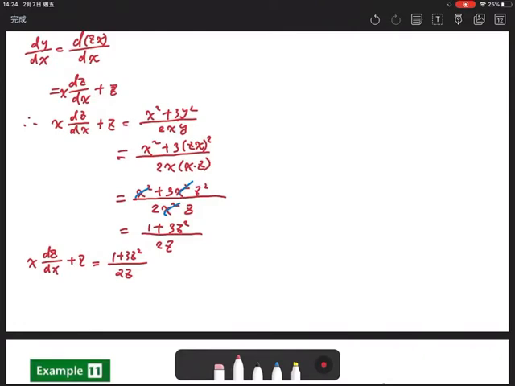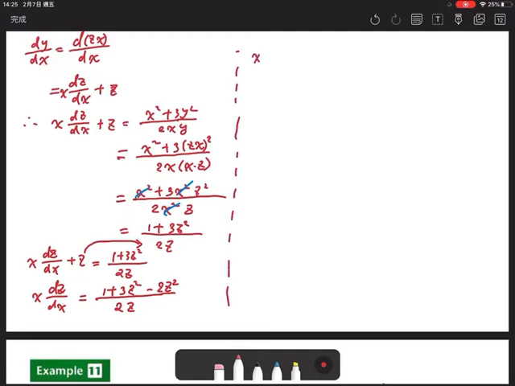We move z to the right hand side, so x times dz by dx equals, simplifying, 1 plus 3z squared minus 2z squared over 2z. So finally, x times dz by dx equals 1 plus z squared over 2z only.